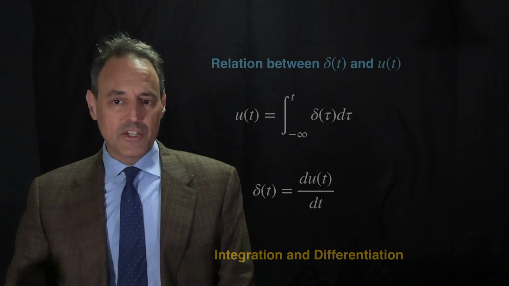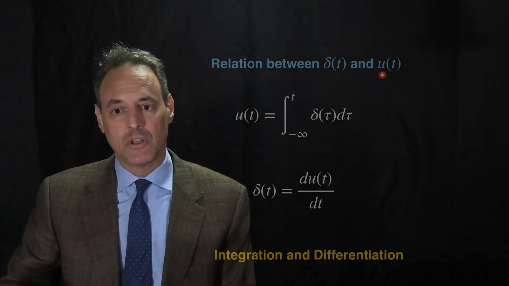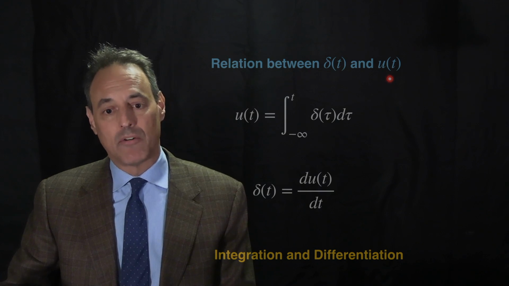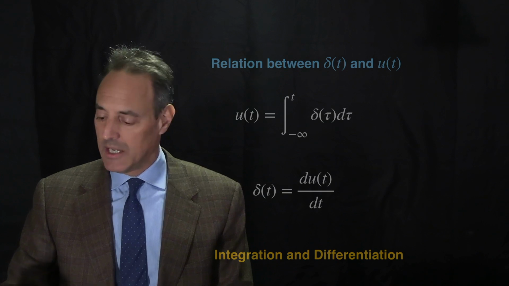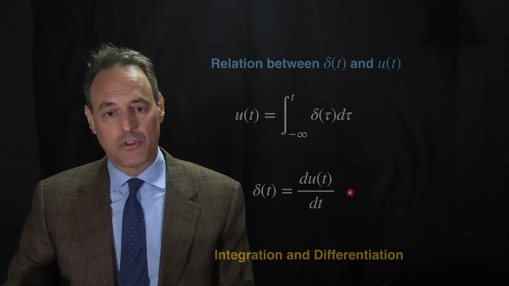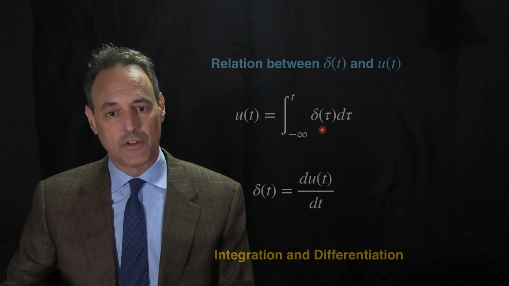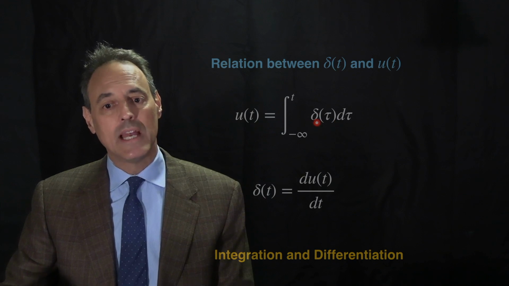What is the relationship between the delta function and the step itself? In fact, this is even easier to understand. It is the integral and the derivative. So think about this here. U of t is just you integrate over this delta function, and this thing is 0 until tau hits 0.